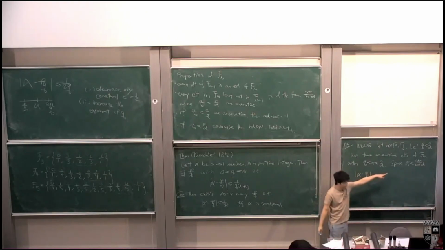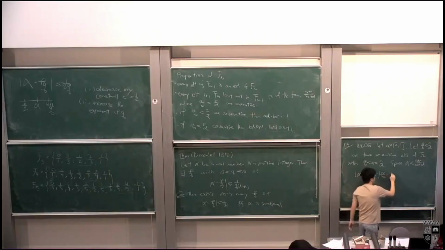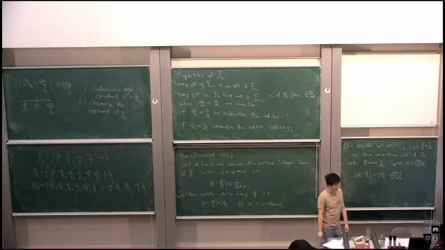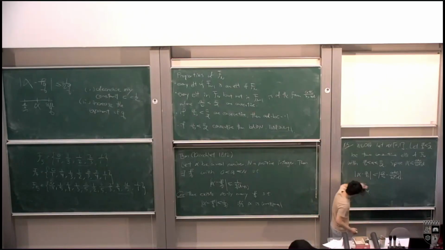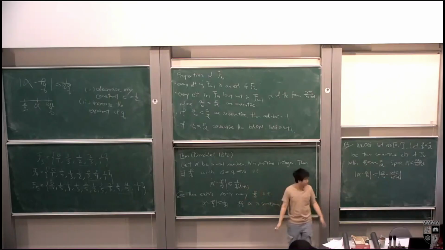But since alpha is lesser than the median and alpha is greater than A over B, this quantity is lesser than the distance between these two guys. Right? So if you want a picture, something like this. Okay? Cool. So in other words, if I can prove that this quantity satisfies this inequality, then I'm done. I win. Okay?